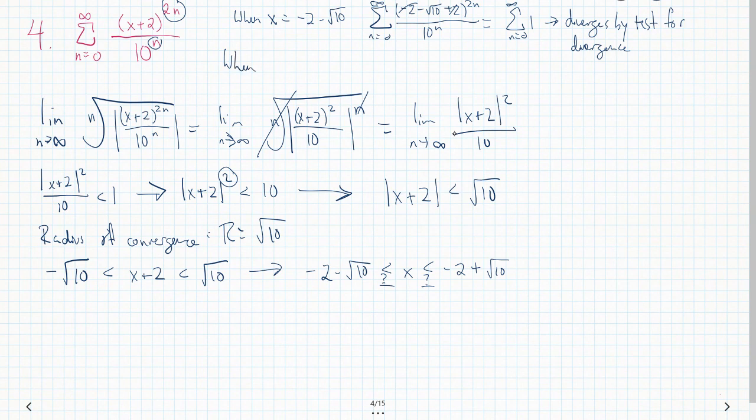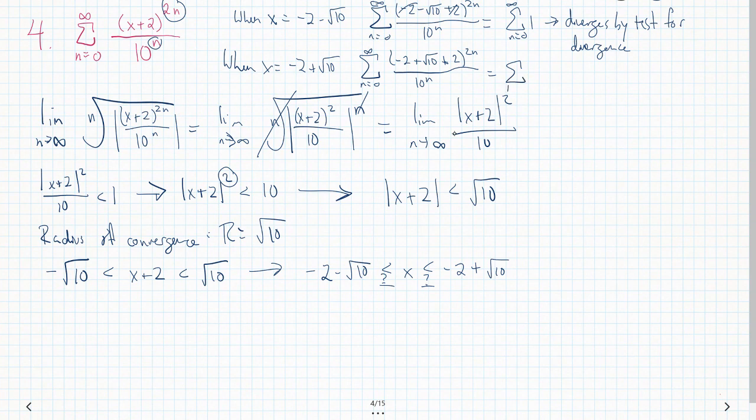Okay, so in that other case, when x equals -2 plus square root of 10, it isn't going to make much of a difference. You get the summation n equals 0 to infinity of -2 plus the square root of 10, but remember, we're going to square it, so we have the same exact thing happening. Plus 2 raised to the 2n all over 10 to the n.